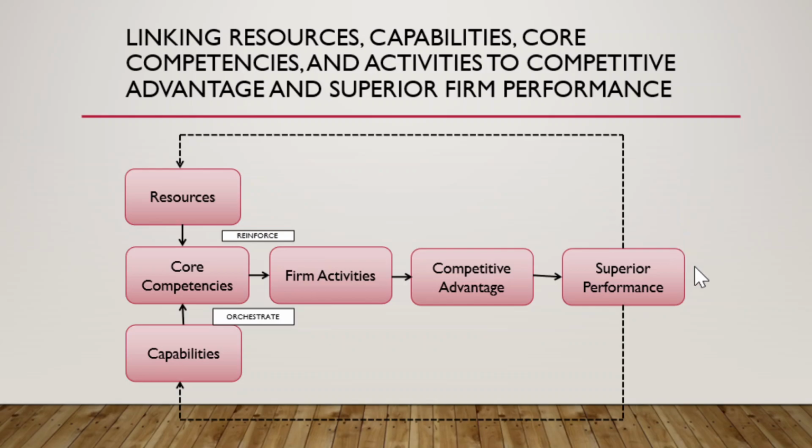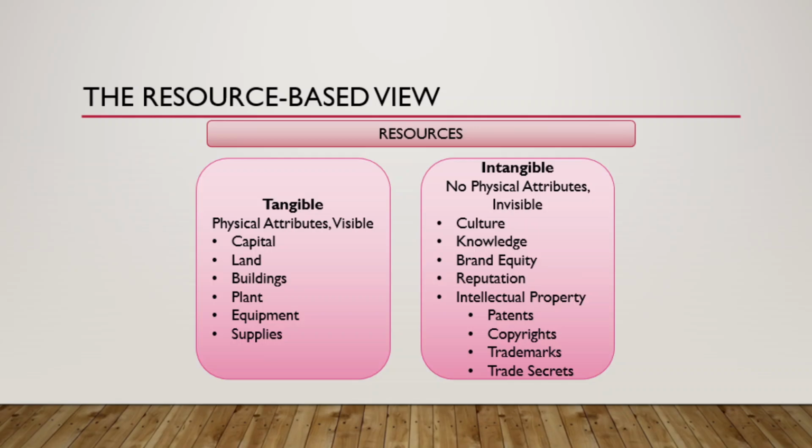Okay? So, ito yung example of the tangible and intangible assets. So, of course, yung tangible natin are physical assets. Okay? So, this can be visible. So, example, capital, land, buildings, plant, equipment, supplies, while intangible assets are those with no physical attributes or invisible.